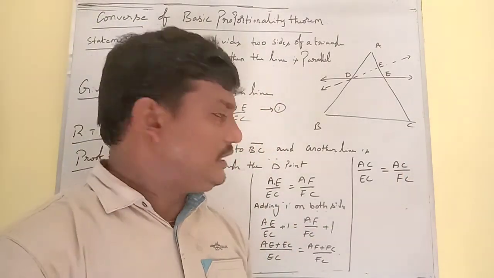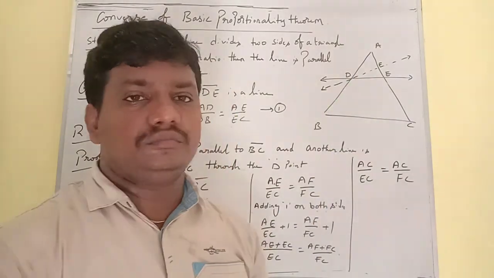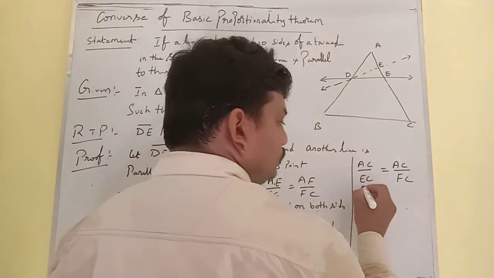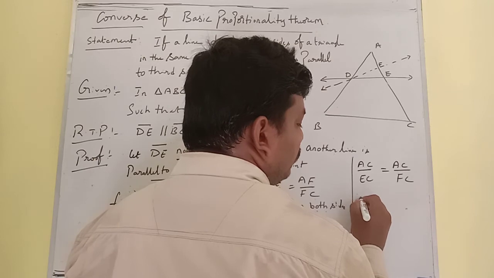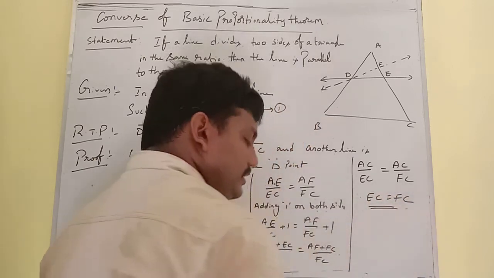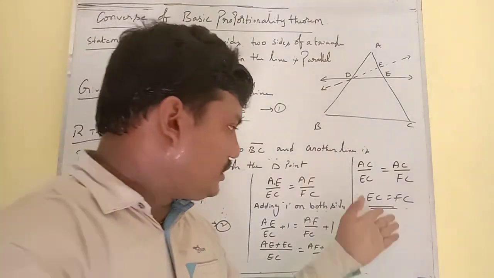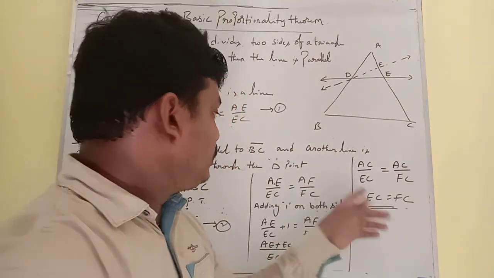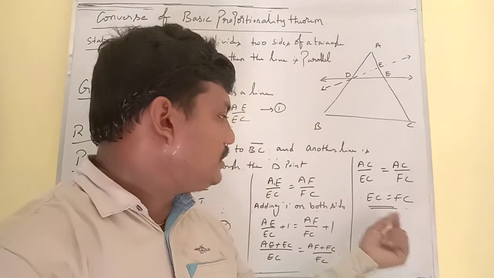Now what it indicates is that the numerators are equal, so therefore EC is equal to FC. What it means is that EC is equal to FC, which is theoretically proved.